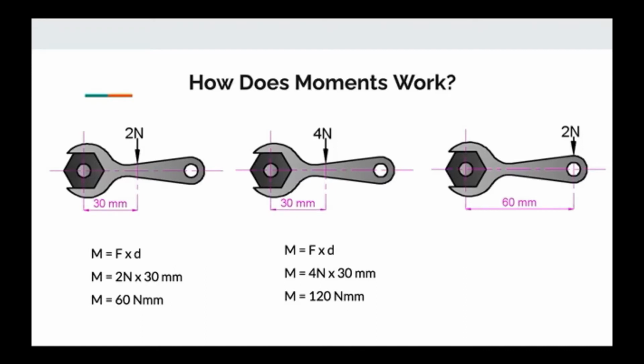Let's work that out to see what the answer will be. So that's 2 newtons times 60, and the answer will be 120 Newton millimeters. So that's basically how moments work.